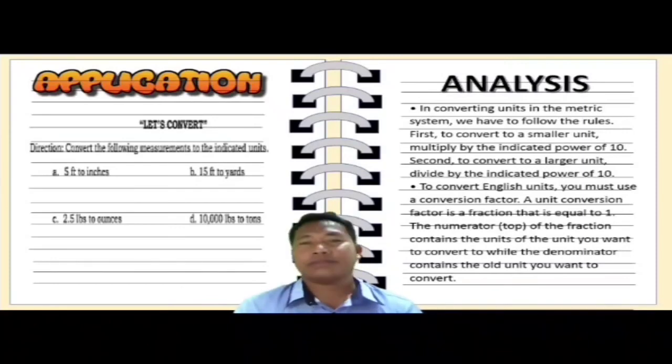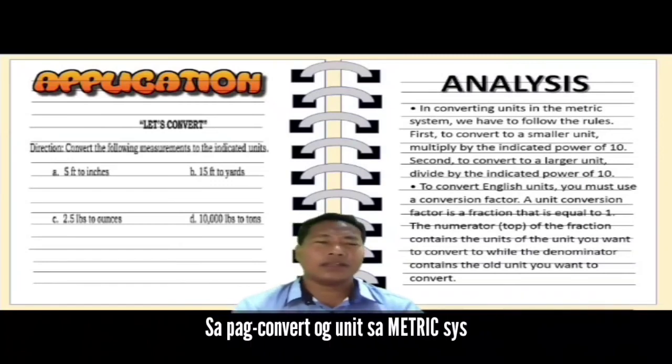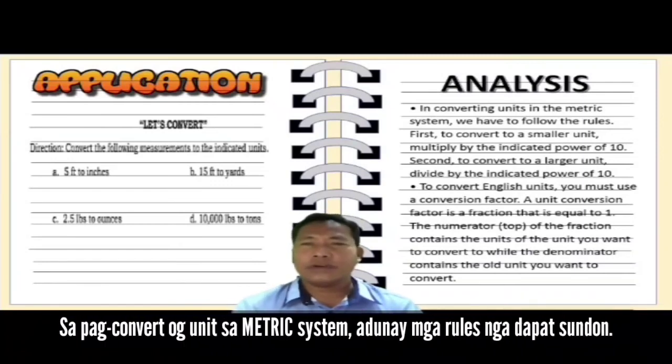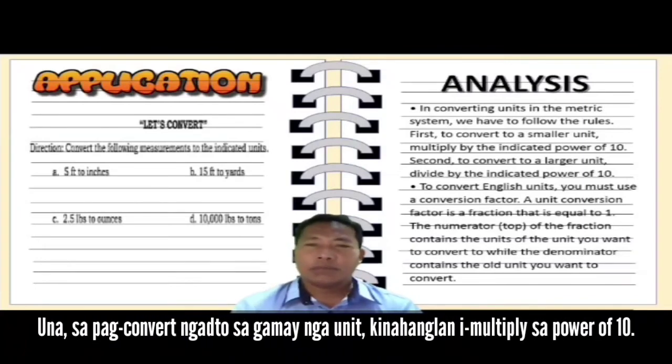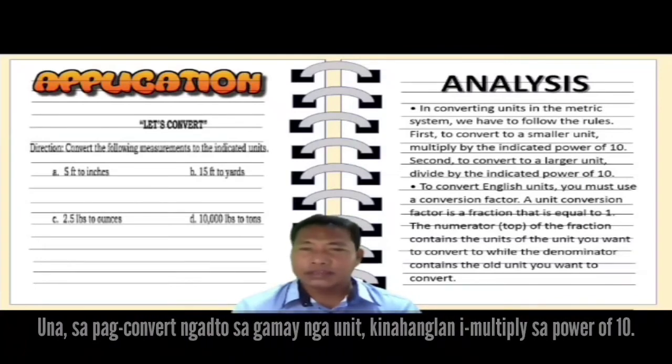Okay, very good. Now, in our topic, what is your analysis? In converting units in the metric system, we have to follow the rules. First, to convert to a smaller unit, multiply by the indicated power of 10.